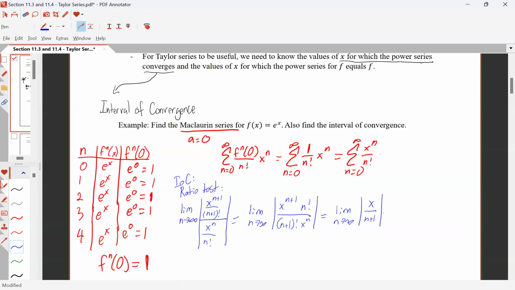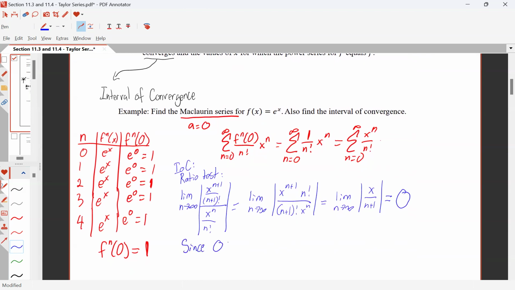This limit does not matter what x is. x could be 5, x could be 2000. x is a number that isn't moving, whereas n plus 1 is going to infinity. So this limit is 0.